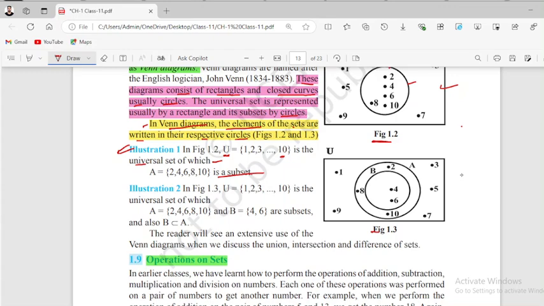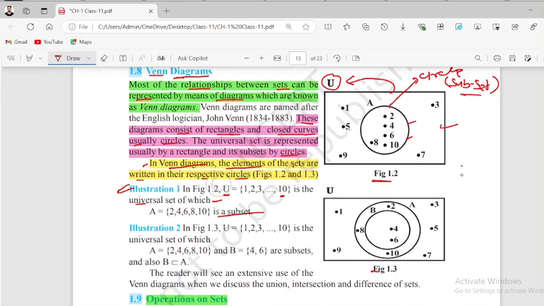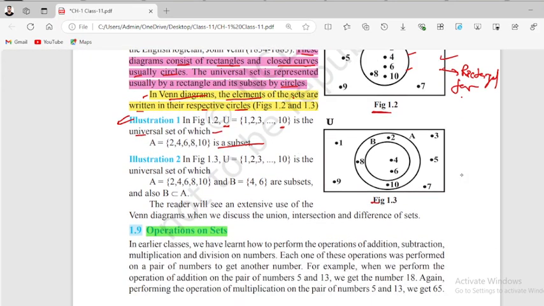So the subset we can represent in the circle, and the elements 1 to 10 we can represent in the universal set, which is in rectangular form. So basically this is a representation of a Venn diagram.